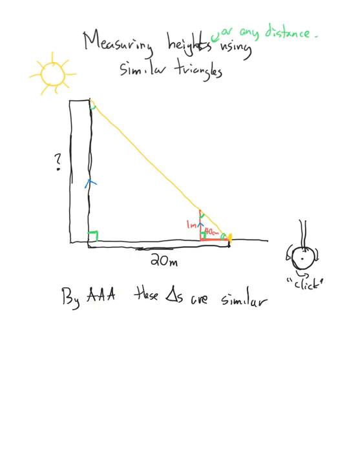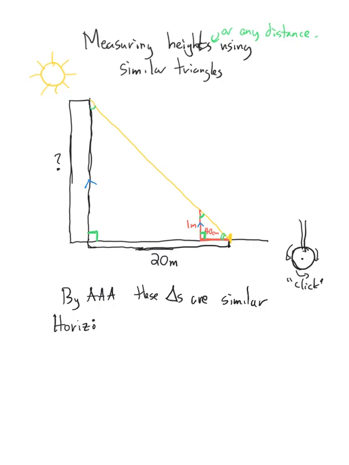Now that we know they're similar, we get all that information about similar triangles. We know the angles are congruent, but we knew that. But we know the sides have the same ratio. That's the key. So let's look at the vertical sides. No, sorry, the horizontal sides, because we know those measurements.